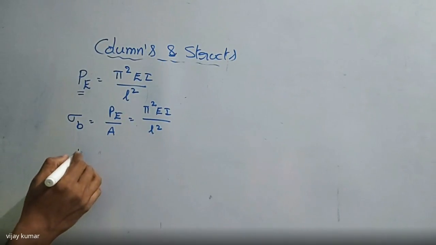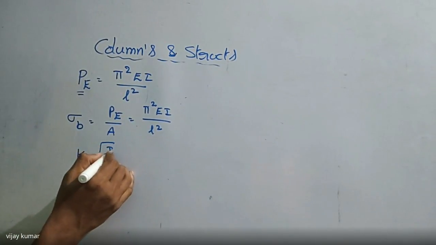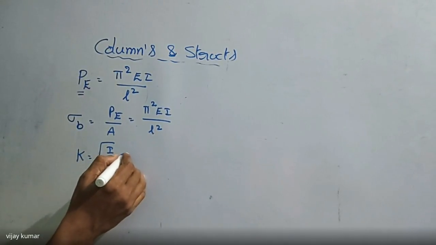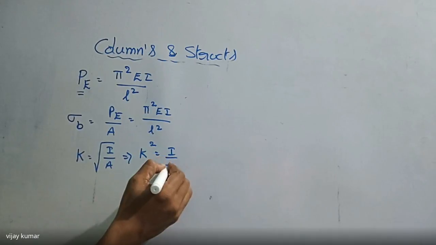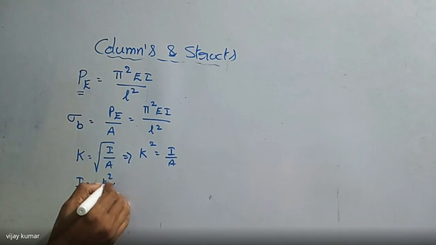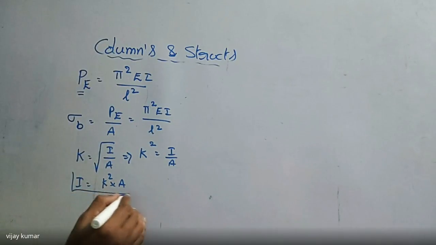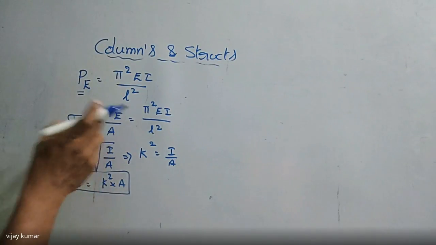But we know that K, the radius of gyration, is equal to square root of I by A. Squaring on both sides, K square is equal to I divided by A. Then I is equal to K square into A. So this is the formula for moment of inertia of a given cross section of the column. I'm going to substitute this value in the above equation.